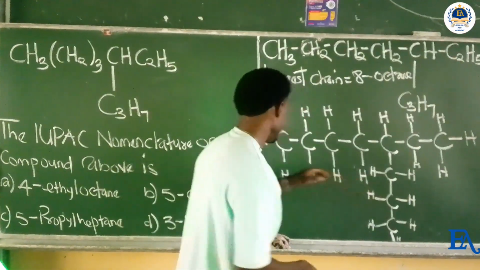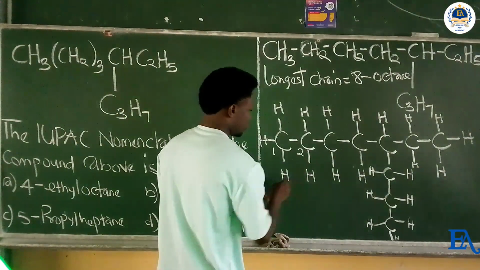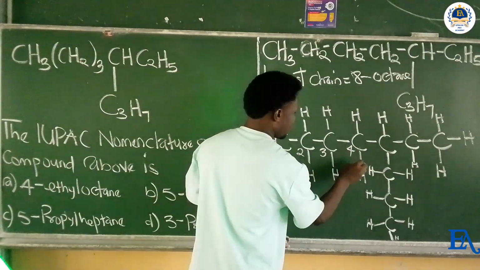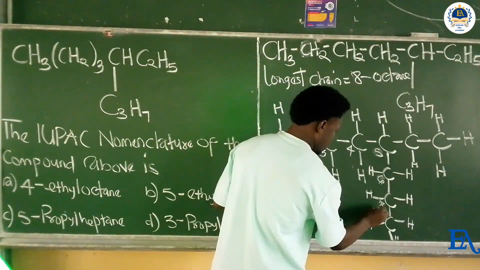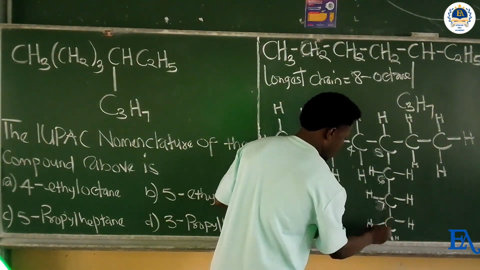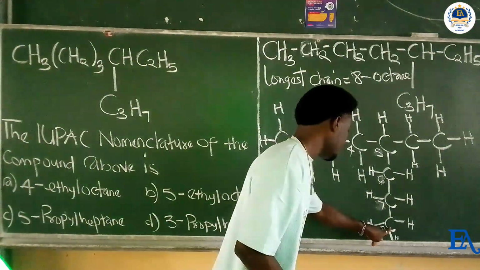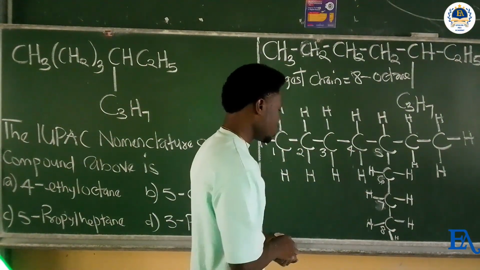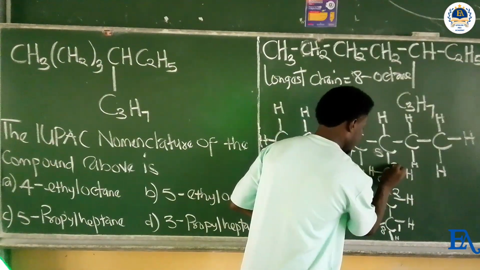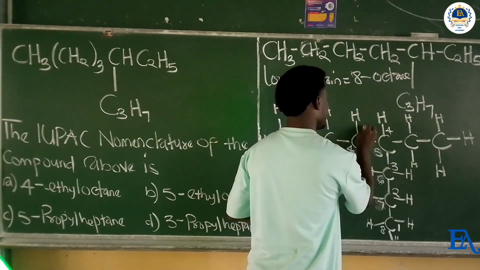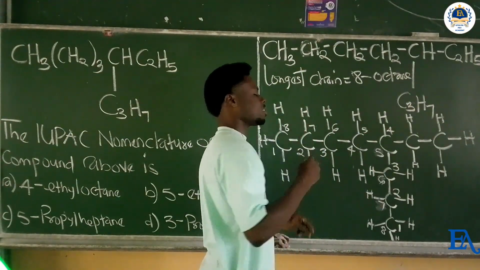Counting from here, it will be 1, 2, 3, 4, 5th carbon, 5, 6, 7, and 8. Then counting from here down to here, we are going to have 1, 2, 3, 4, 5, 6, 7, and 8 carbon.